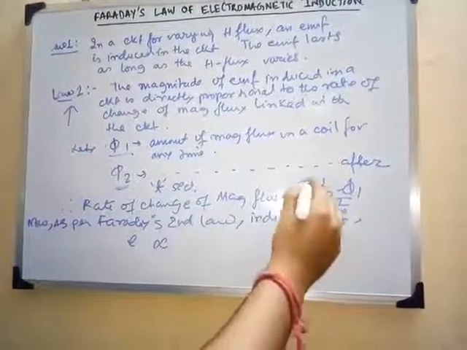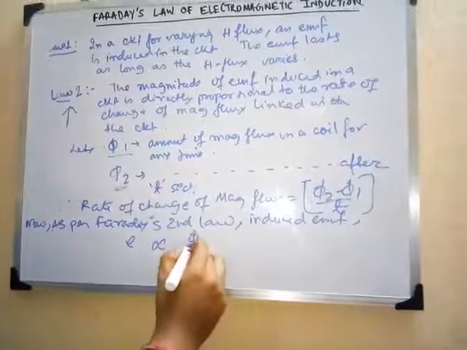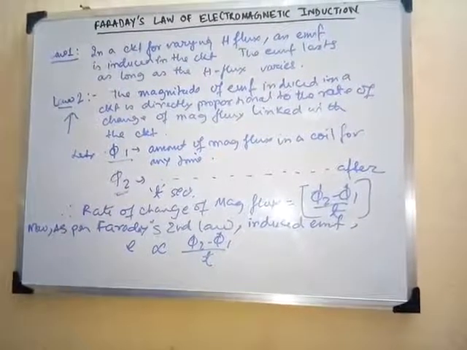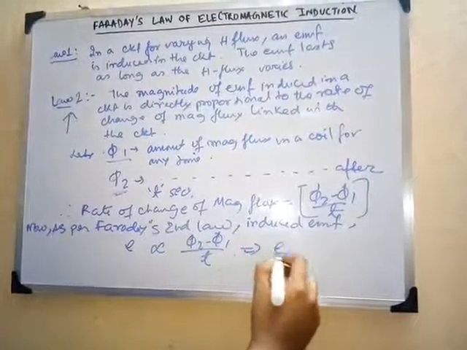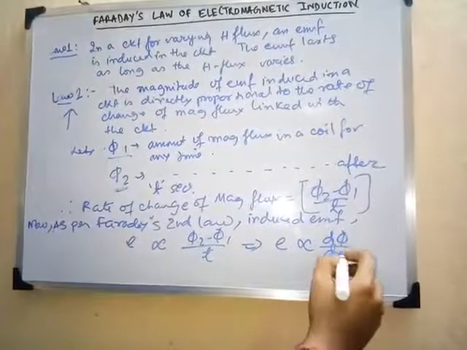Now this is the rate of change of magnetic flux that we obtained. So this is proportional to phi 2 minus phi 1 by t, right? So from here we can say that E varies as d phi by dt, right?